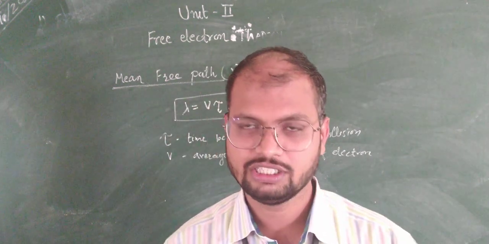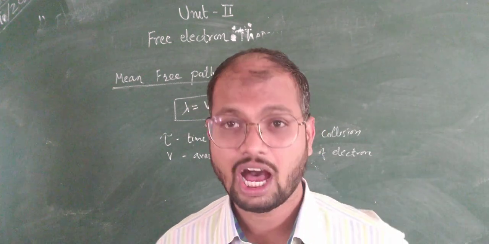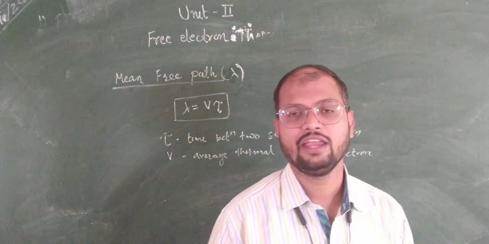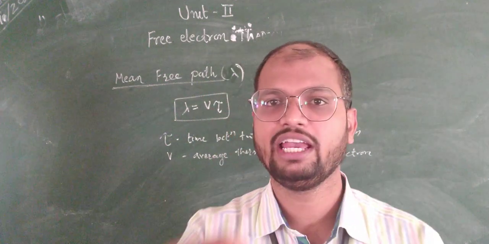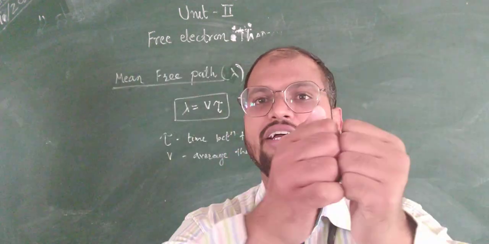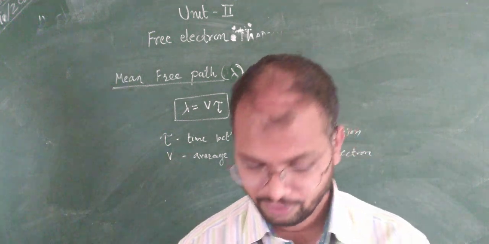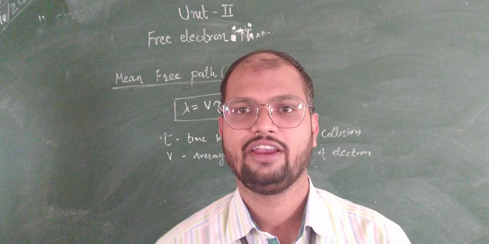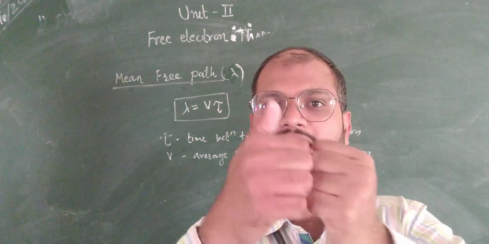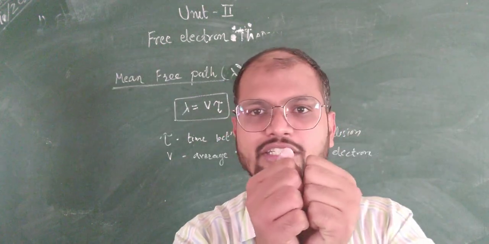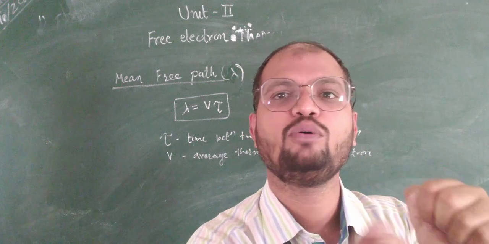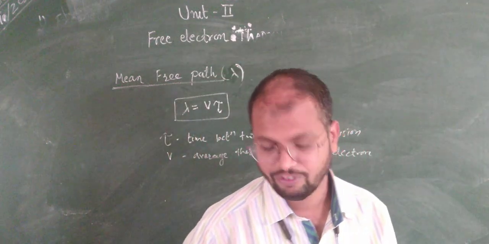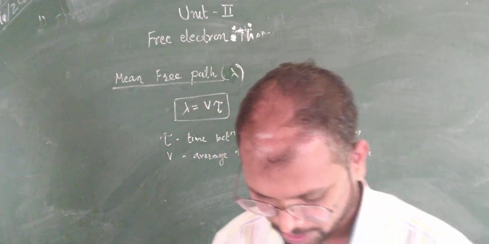After every collision, the electrons are assumed to start moving in a new direction with zero initial velocity. When the electrons collide, the initial speed is 0, and then after collision they start moving in the new direction with zero initial velocity.